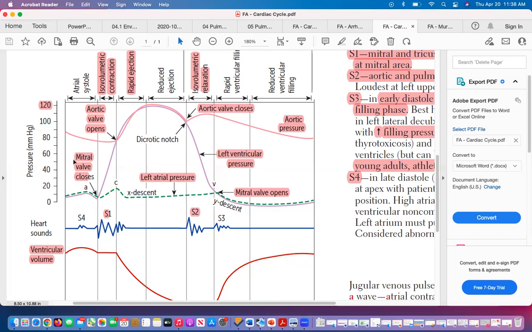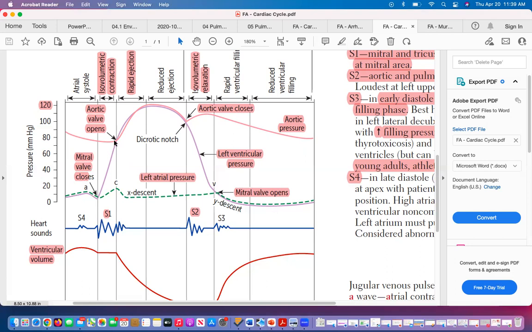So as the mitral valve closes, we hear a sound which is called S1. So S1 sound is heard when the mitral valve closes. And as the mitral valve closes, you see that the left ventricular pressure is increasing. The purple curve is going up.